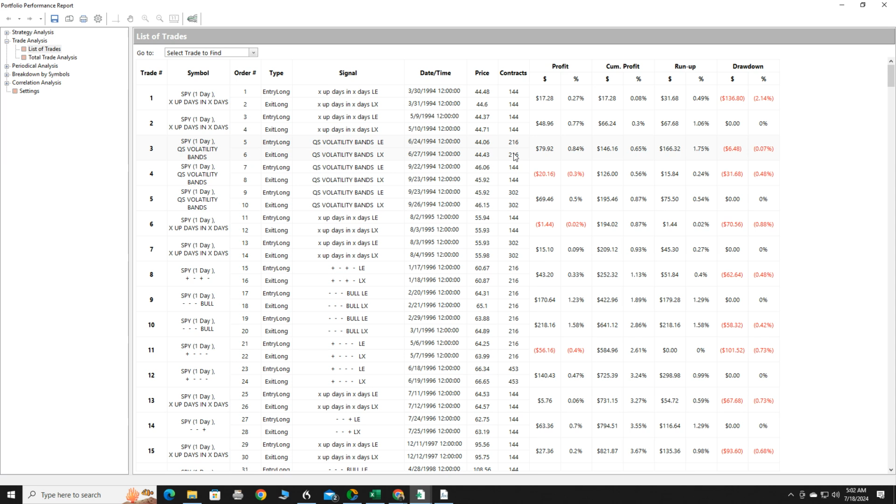What's important to understand here is this particular strategy had a loss prior to being put in the portfolio as an ensemble. And after we have a loss, we know that the more losses we have on a system, the likelihood of it achieving a profitable trade on the next trade increases.